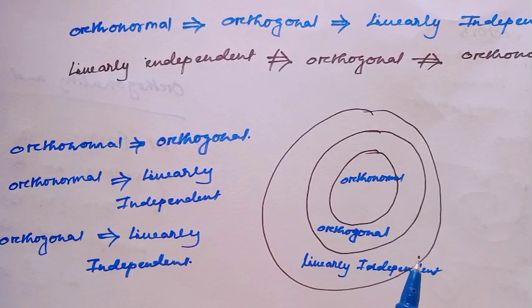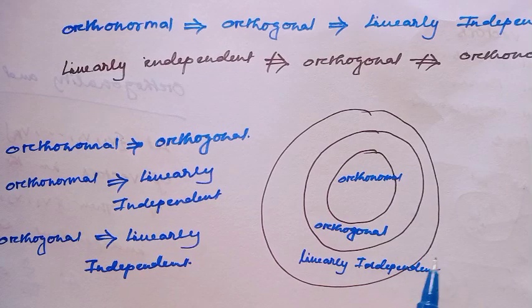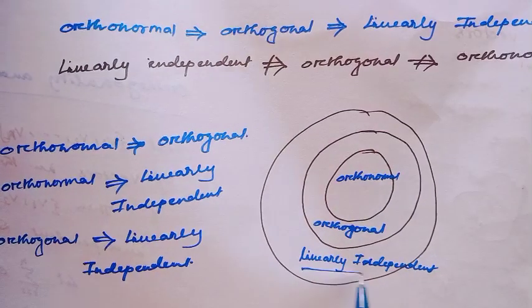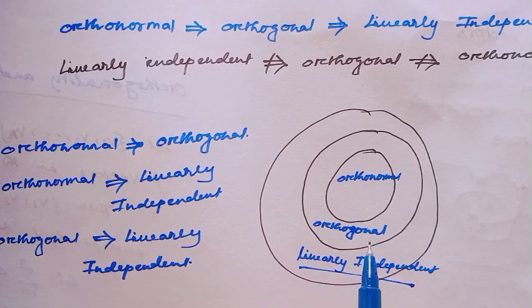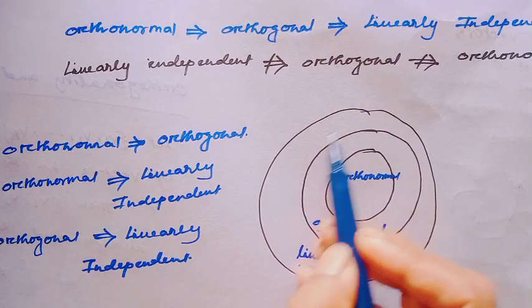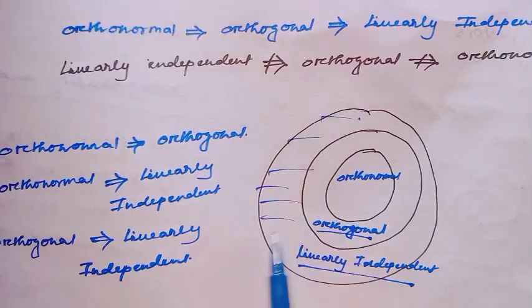Now I will discuss this concept with a picture. Notice the picture. Here the biggest circle is the linearly independent set. Then the orthogonal set, and notice the orthogonal set always lies completely inside the linearly independent set.